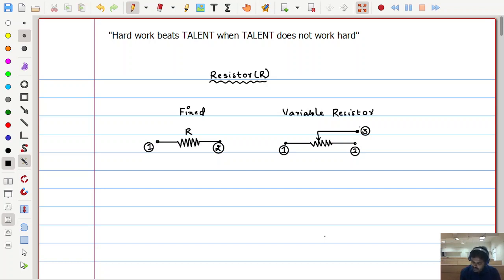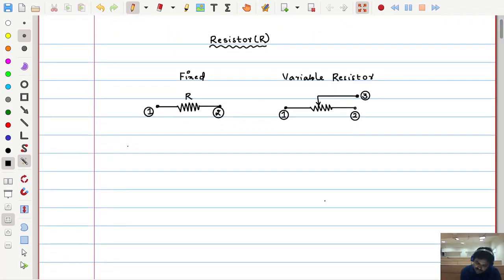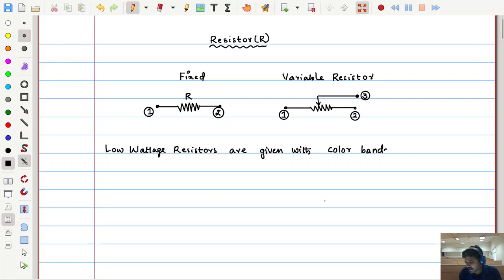Apart from this, we had seen some more things, that is the color coding. Usually the low wattage resistors are given with color bands. Based on this color coding, we need to determine the resistance value.